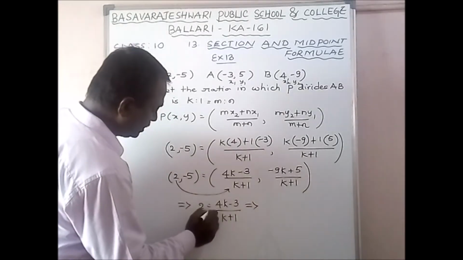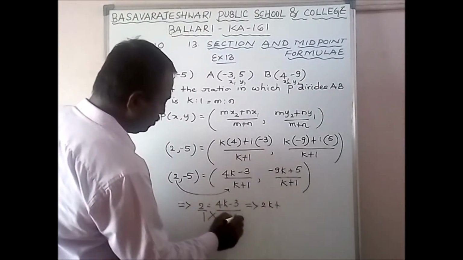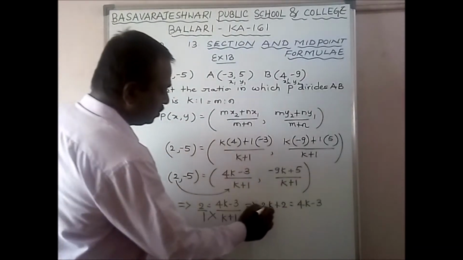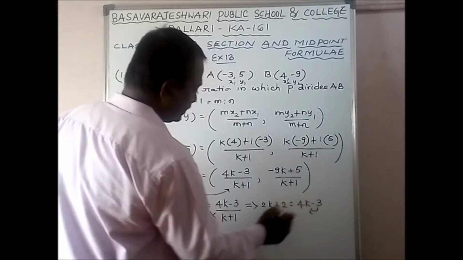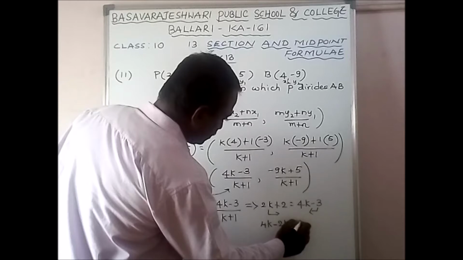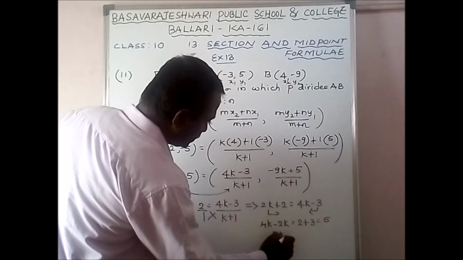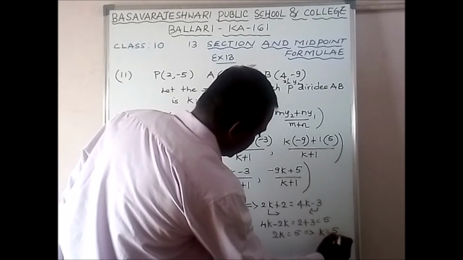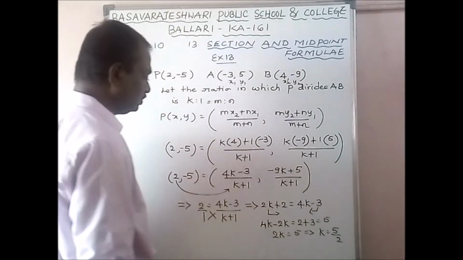Cross multiplication: 2k + 2 = 4k - 3. 2k I will transpose to the RHS, and -3 to the LHS. So 4k - 2k = 2 + 3 = 5. So 2k = 5, which implies k = 5/2.